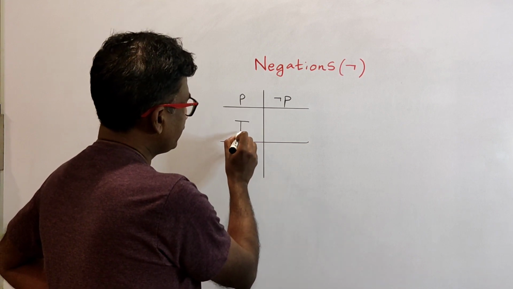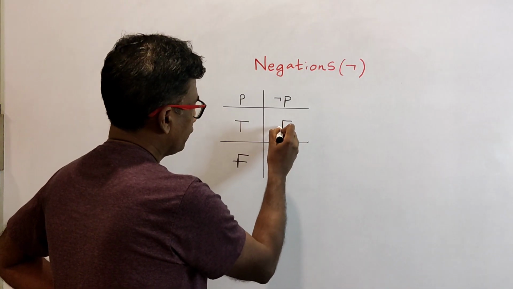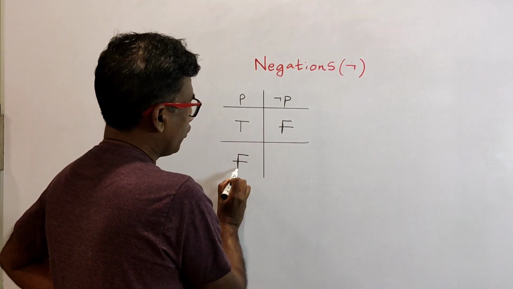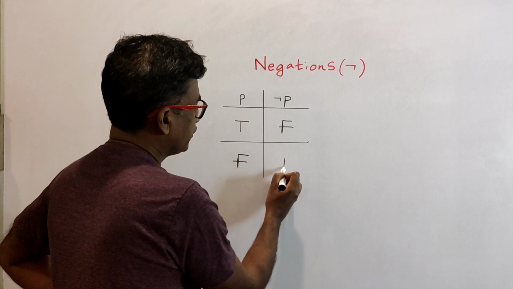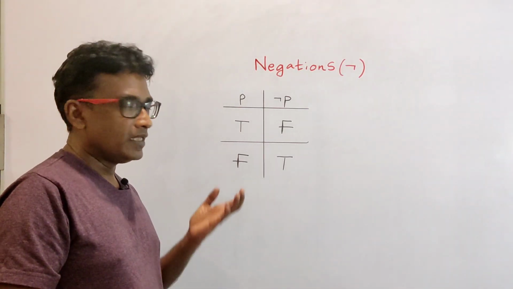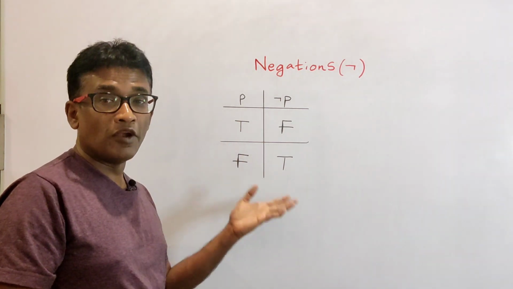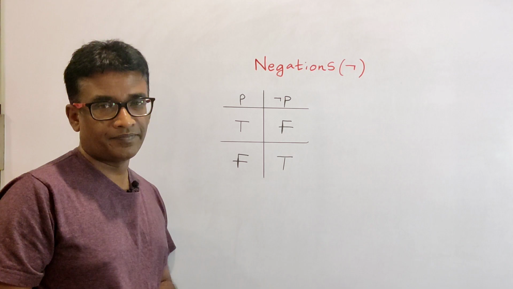Now if P is true, according to the rule, not P is going to be false. If P is false, not P is going to be true. This is the truth table of the negation not P.